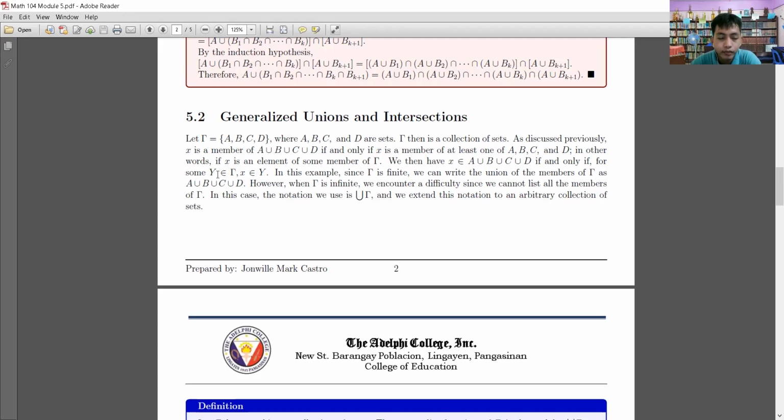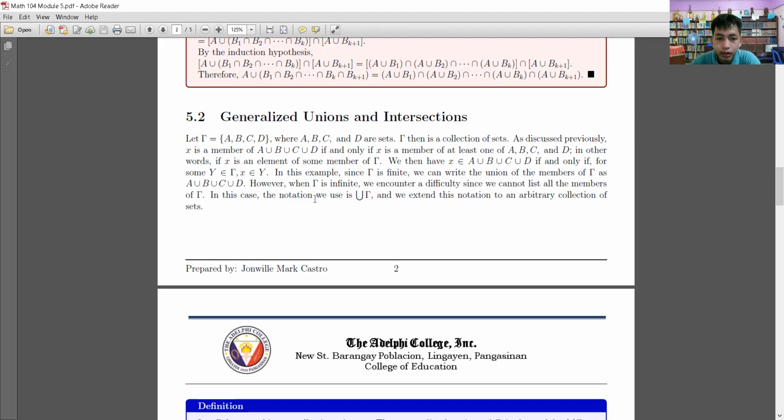So X is in some set that is in our collection of sets. So in this example, since our tau is finite, because we have finite sets, we can write out the union of the members of tau.